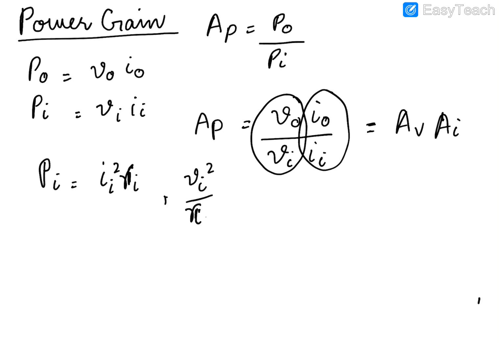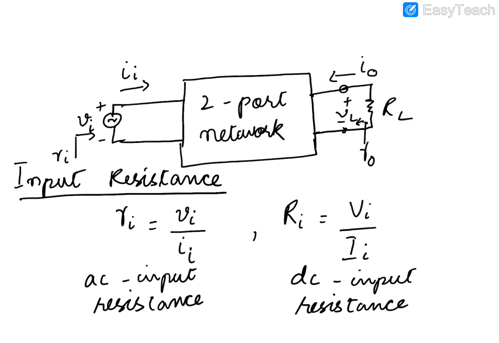So after covering the amplifier characteristics, we will derive a general formula for voltage gain for the two-port network described previously. So this was the two-port network.